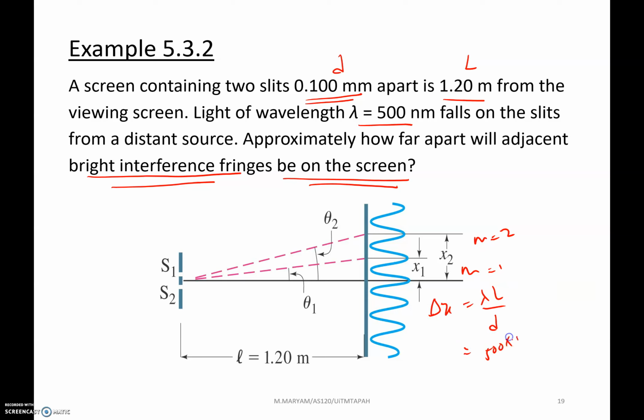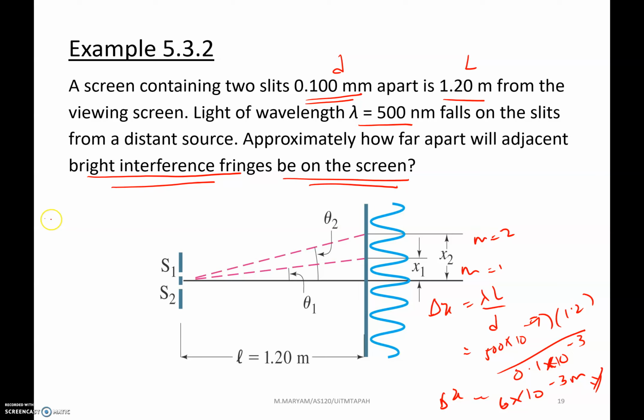Lambda is 500 nanometer, times the distance between the screen and the slits, 1.2 meter, divided by the distance between two slits, 0.1 times 10 to the power negative 3, or 0.1 millimeter. So you will get 500 times 10 to the negative 9 times 1.2 divided by 0.1 times 10 to the negative 3. The distance between the two adjacent fringes is 6 times 10 to the power negative 3 meter, or 6 millimeter.